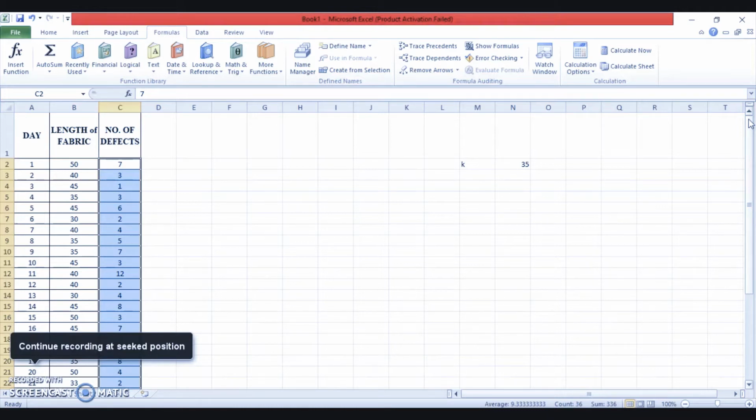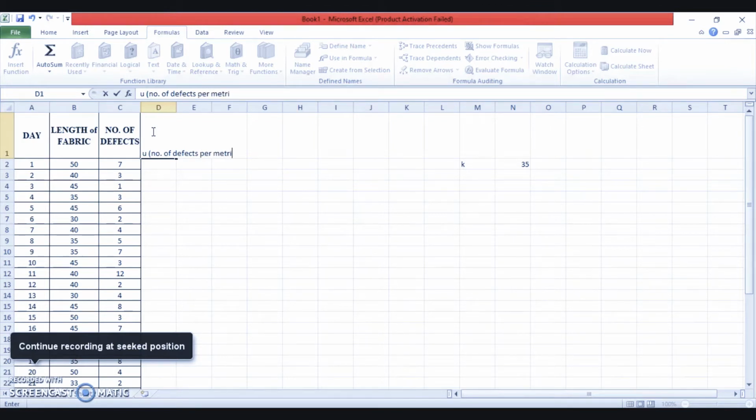Now the next step is to find out the number of defects per metric fabric for each sample, that we call as the U value. That is basically the number of defects per metric fabric.